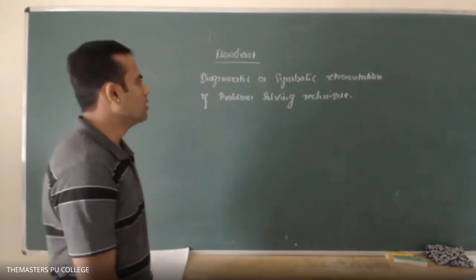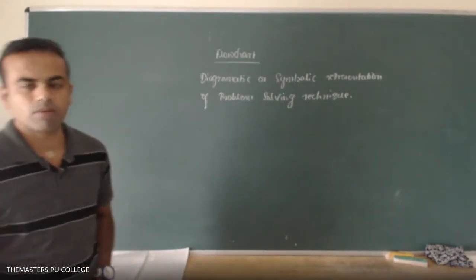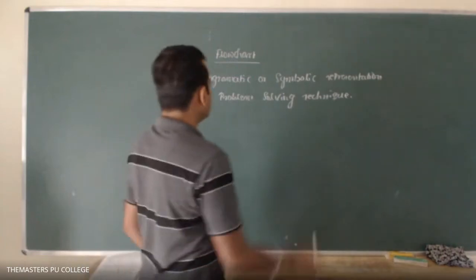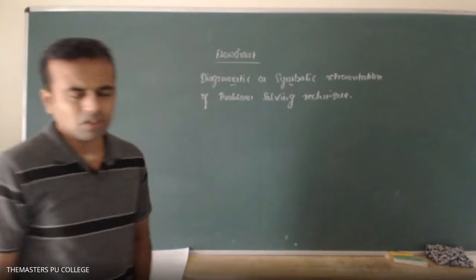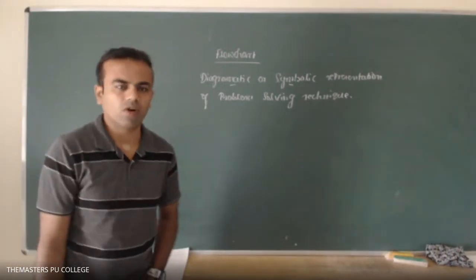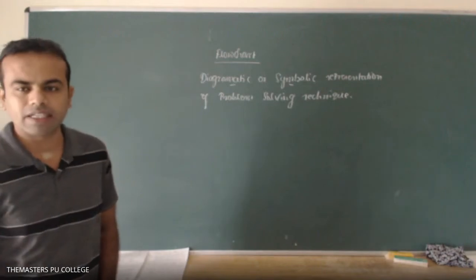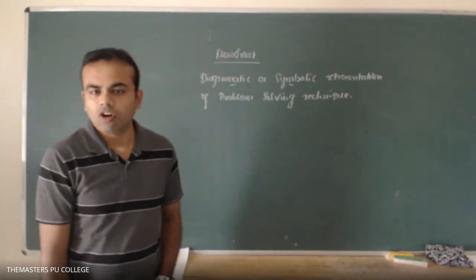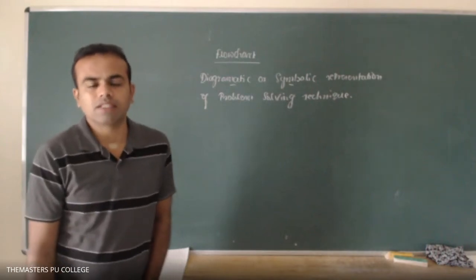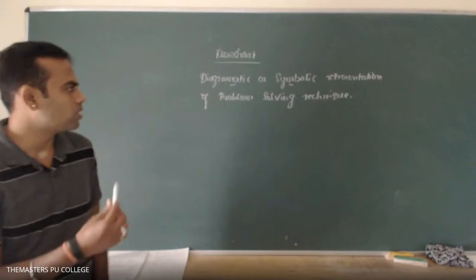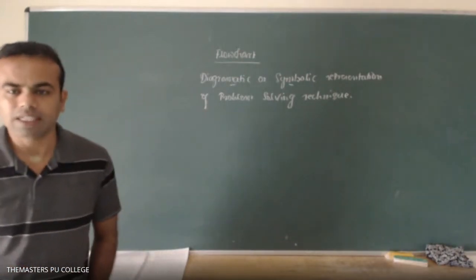So flowchart is one of the problem solving methodologies, where we can solve a given problem using diagrams or symbols. A diagrammatic or symbolic representation of a problem solving technique is known as flowchart. So this is the definition we need to write for flowchart.